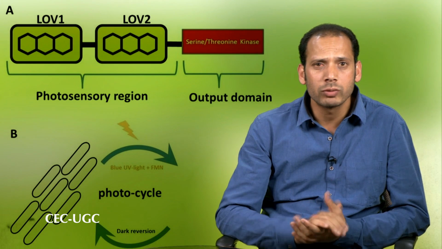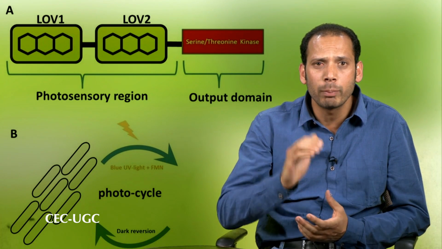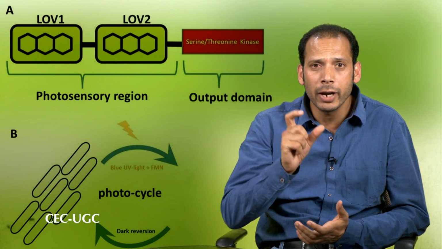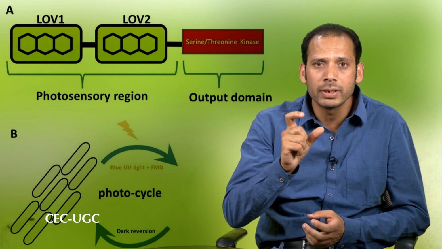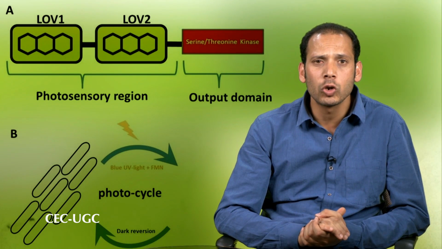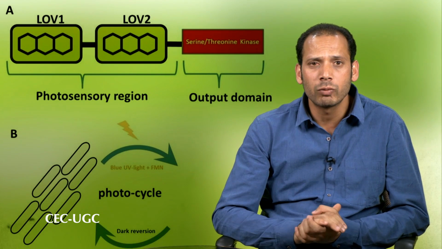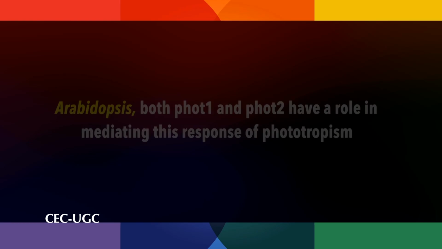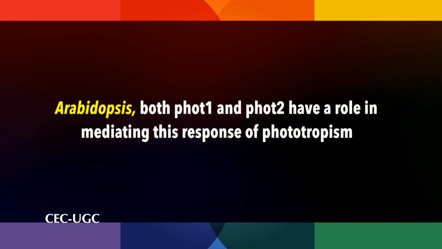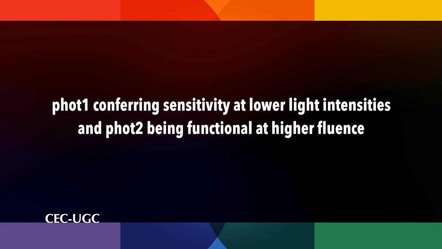The Phot1 locus was initially identified in a screen for mutant Arabidopsis seedlings defective for hypocotyl phototropism, and as such this physiological response provided inspiration when Phot nomenclature was rationalized. In Arabidopsis, both Phot1 and Phot2 have a role in mediating this response of phototropism, with Phot1 conferring sensitivity at lower light intensities and Phototropin-2 being functional at higher fluence.